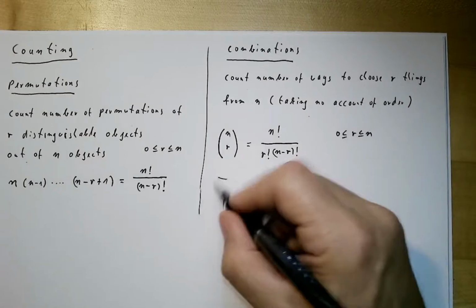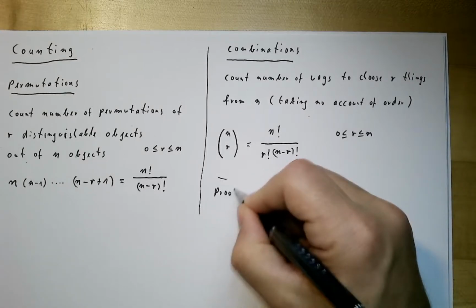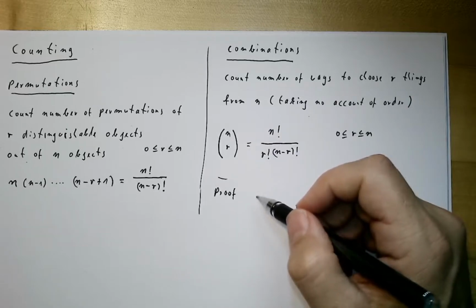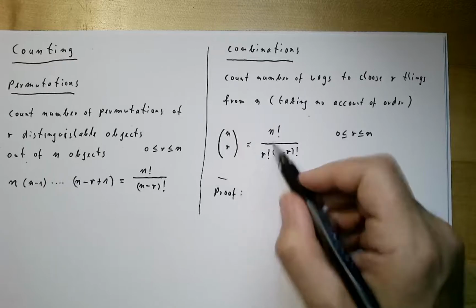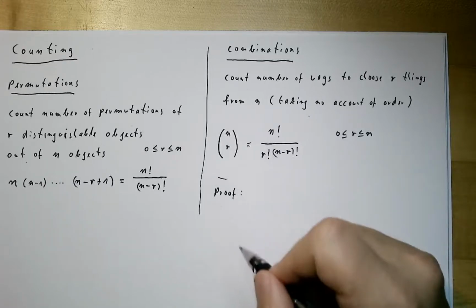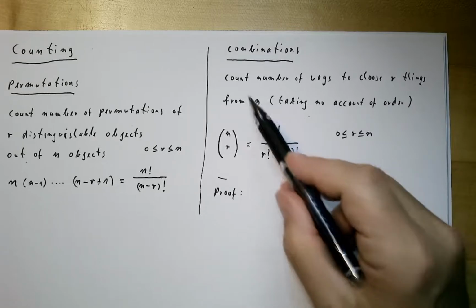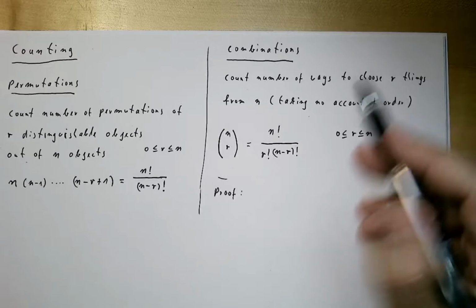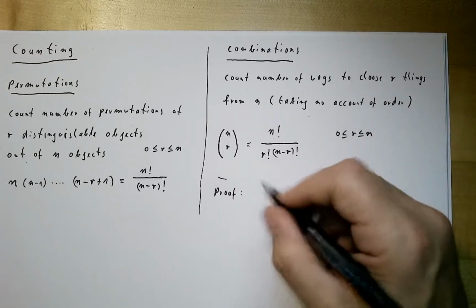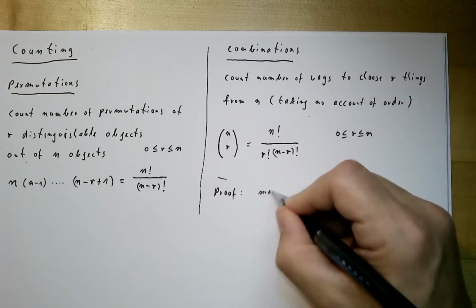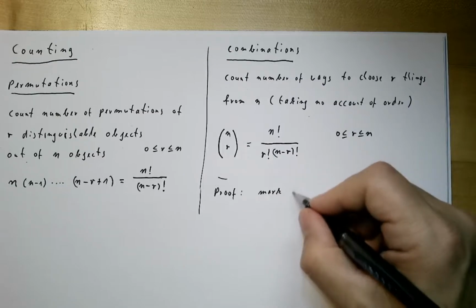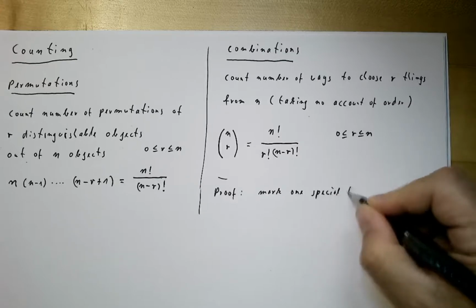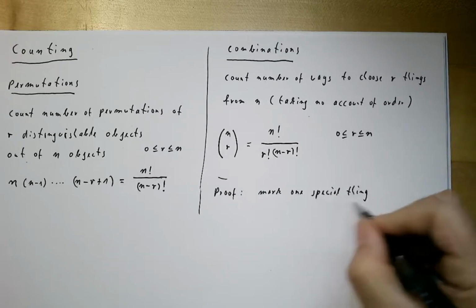So maybe we can make a short proof that this is really the result. We want to choose r things. So now let's mark one special thing of these n things.